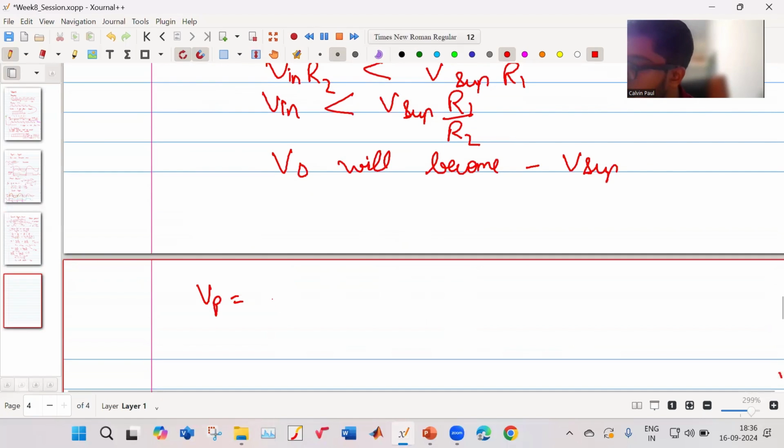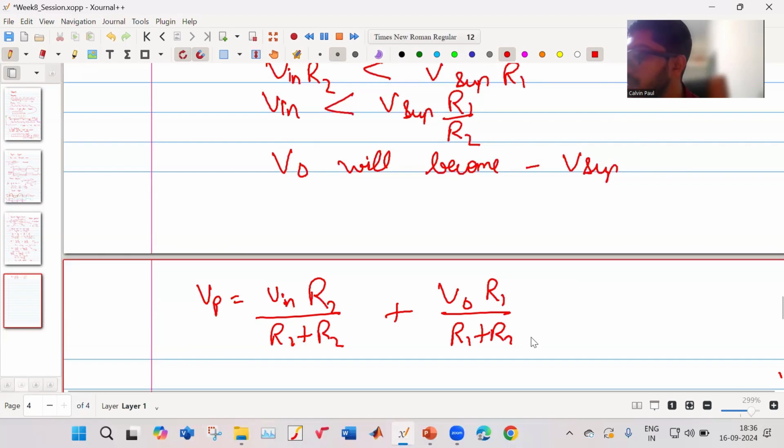Your Vp is equal to Vn into R2 by R1 plus R2 plus V output into R1 by R1 plus R2. Now let us assume my V output is equal to minus V supply, right? So that means what was the case? It was a case when Vp is less than Vn, right?